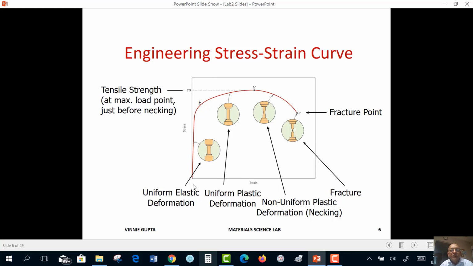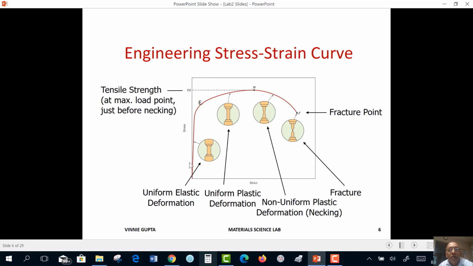As we keep increasing the load, the sample is going to keep on elongating. First, it deforms in a linear fashion. Stress is linear to strain. Then the stress-strain deformation becomes nonlinear, and all this we call elastic deformation, uniform elastic deformation.